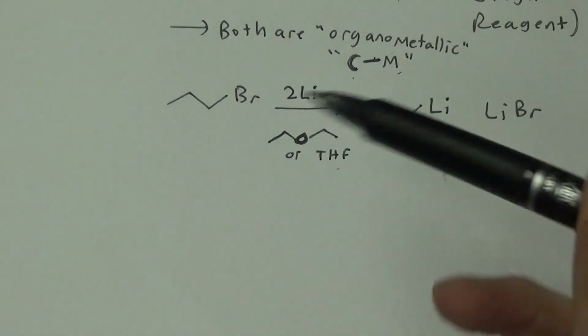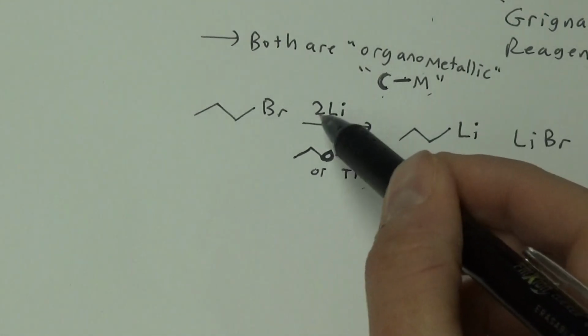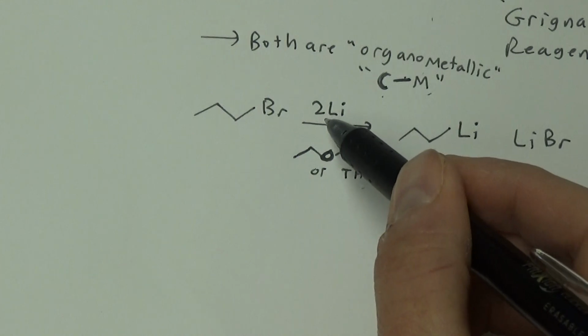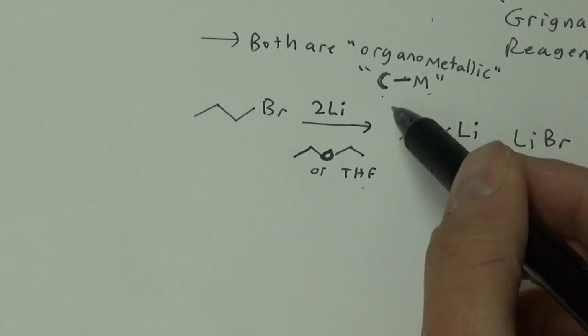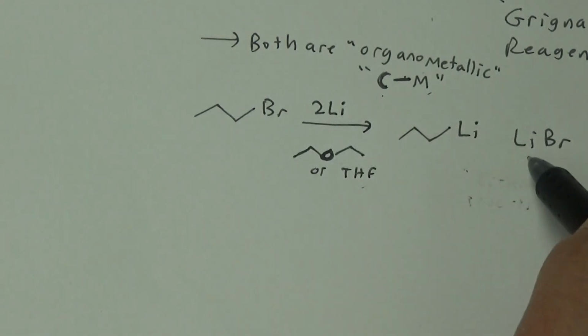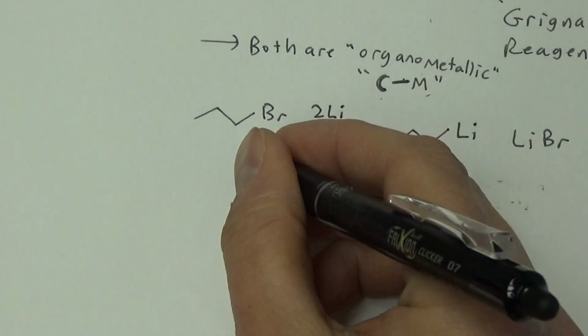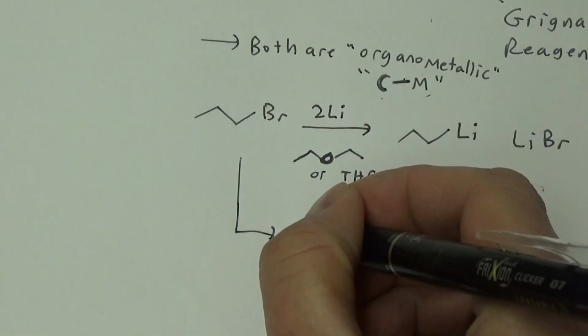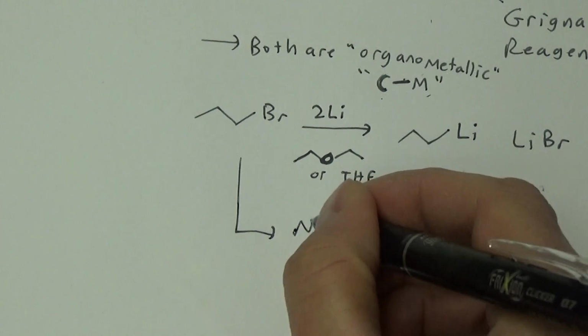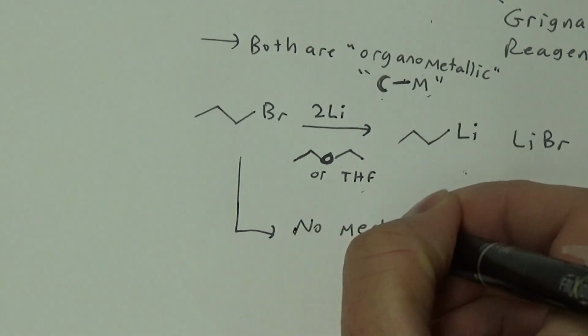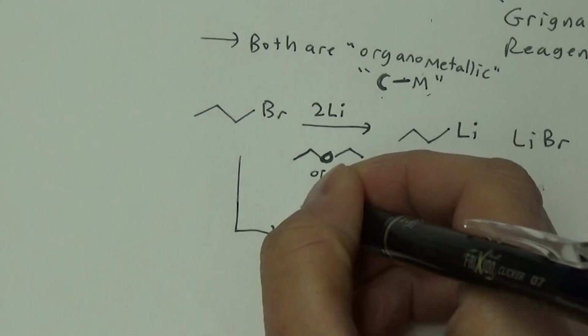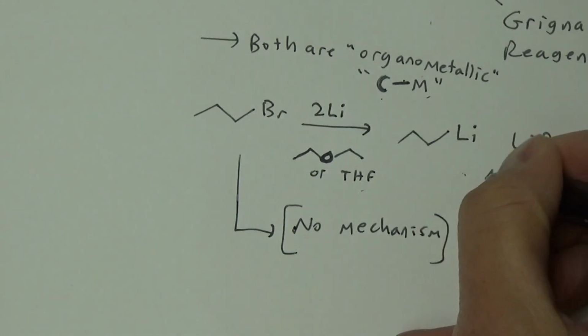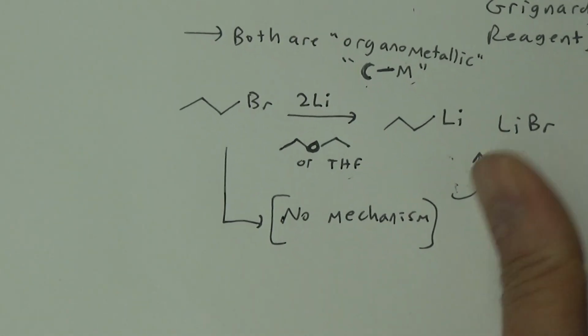Okay, so that's basically what's happening. We have two lithiums. One of them gets attached, the other goes away with Br. This is not as simple as an easy mechanism. There's no mechanism for this reaction.